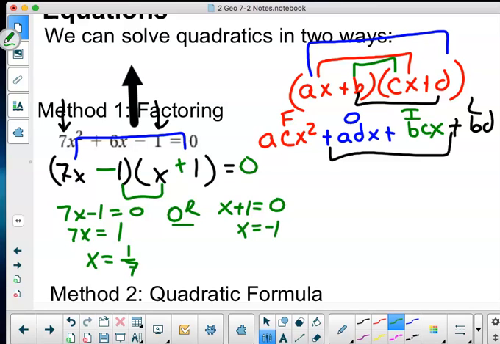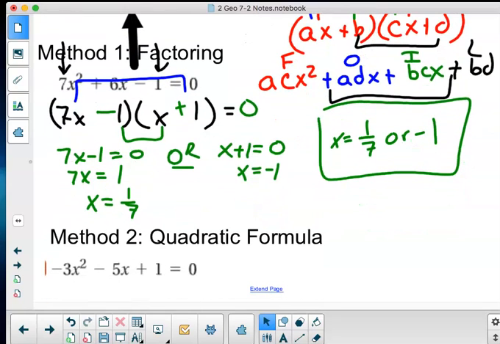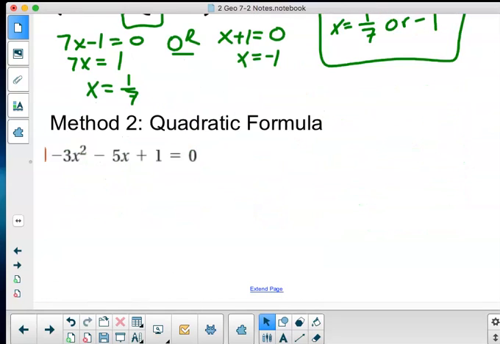These are the two values that make my expression 0, and they are the answers for this problem. So this becomes 0 when x is either 1/7 or negative 1. Now, if I can't factor something easily, I use something called the quadratic formula.